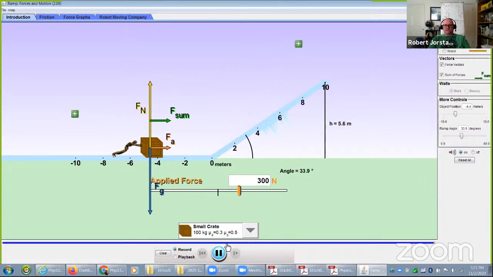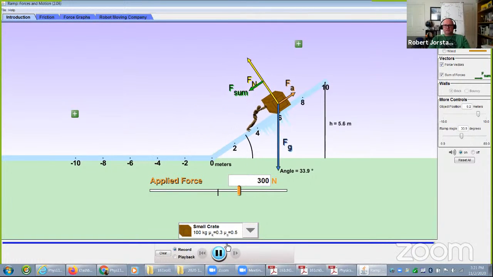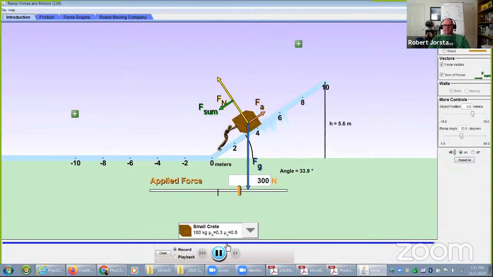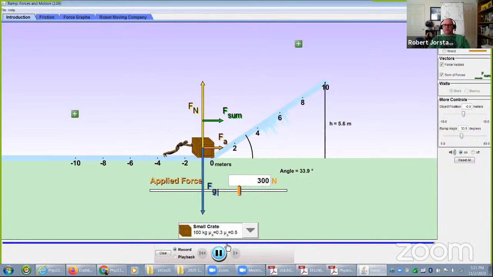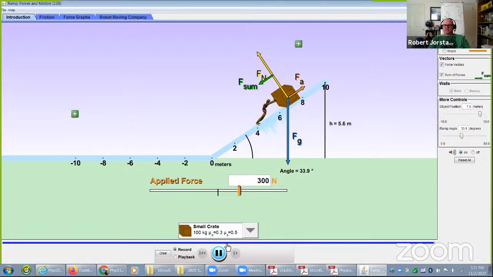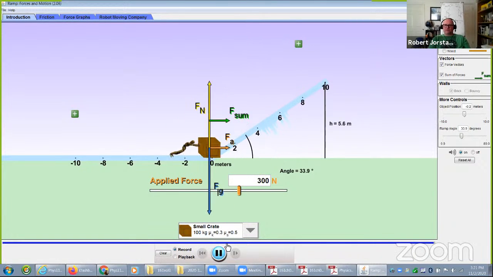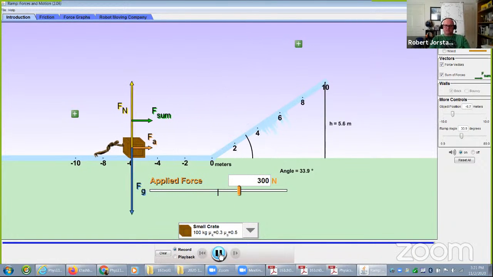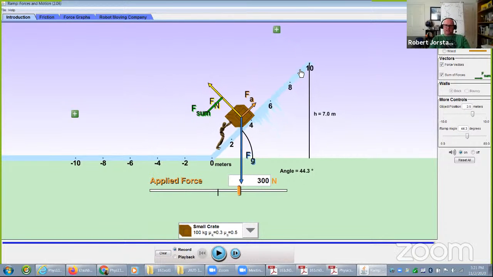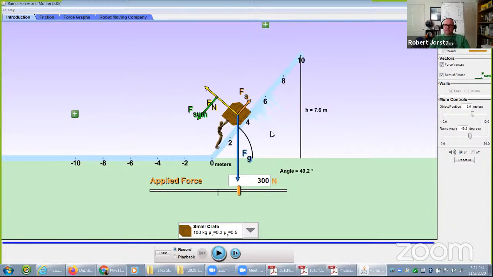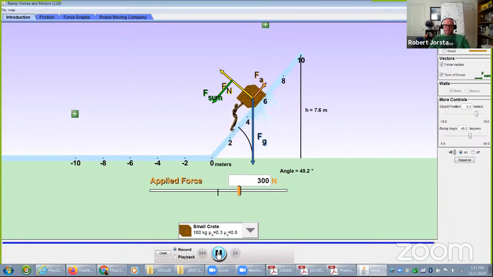And when you watch this thing, watch the sum of forces. On the flat surface, the applied force is big enough to keep it accelerating to the right. But when you're on the incline, it's not. So what's the story here? Let me pause it. And actually, I'm going to jack this up to something really big. Now, let's play this.